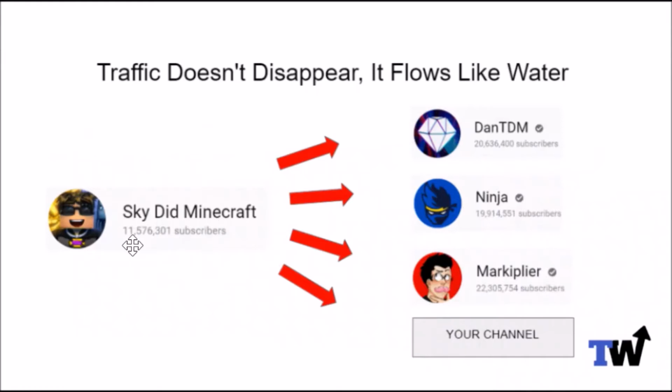So his almost 11.6 million subscribers, when they saw that he wasn't keeping up with the trends, obviously wanted to watch videos containing these trends, right? And if they weren't getting it from him, they had to go somewhere else. So they went to his competitors, which were DanTDM, Ninja, you probably heard of him, and my first example, Markiplier. These 11.5 million subscribers migrated over to these channels right here.